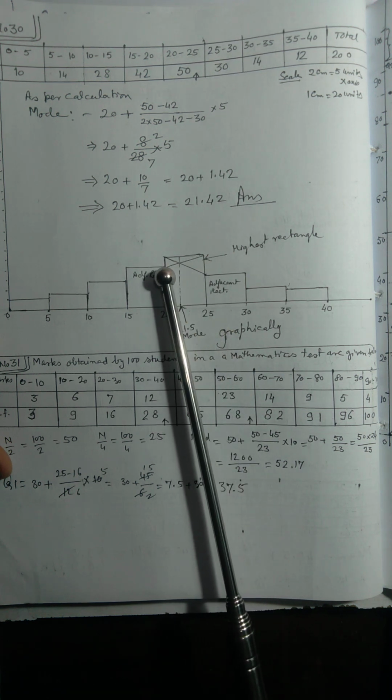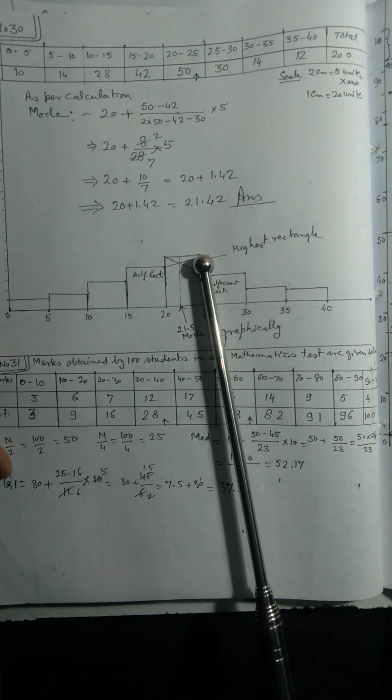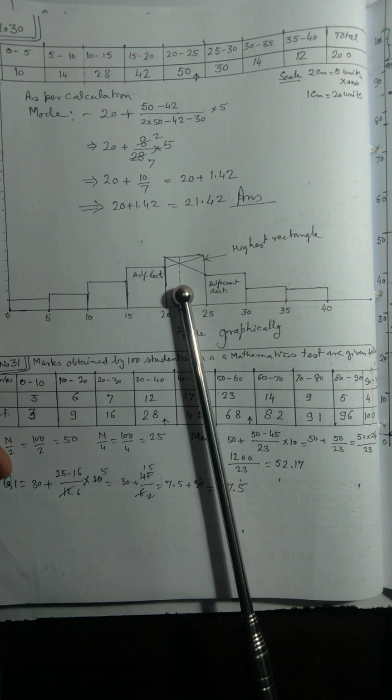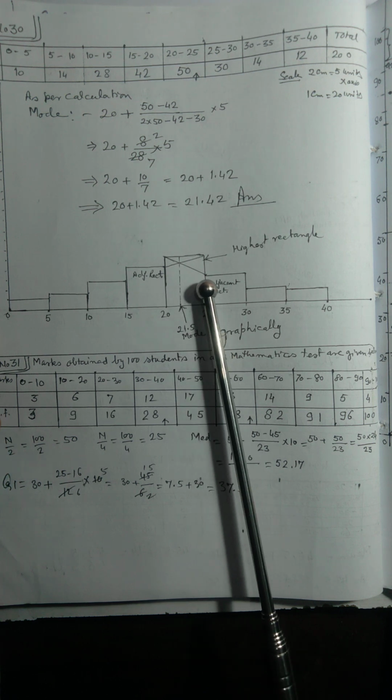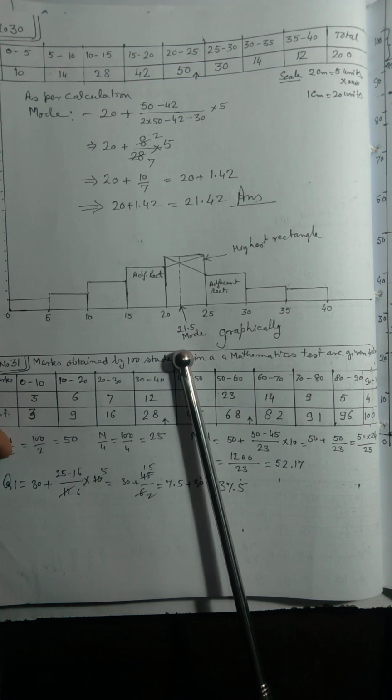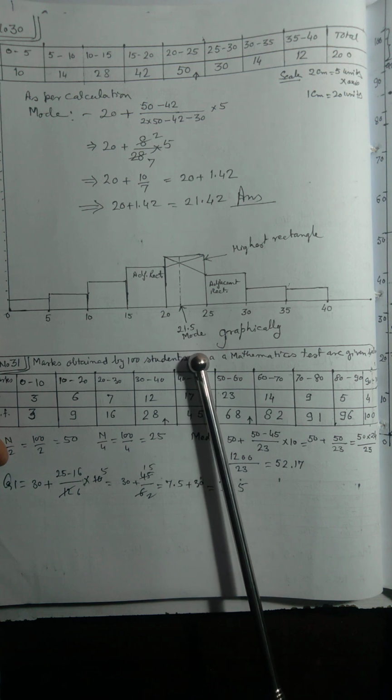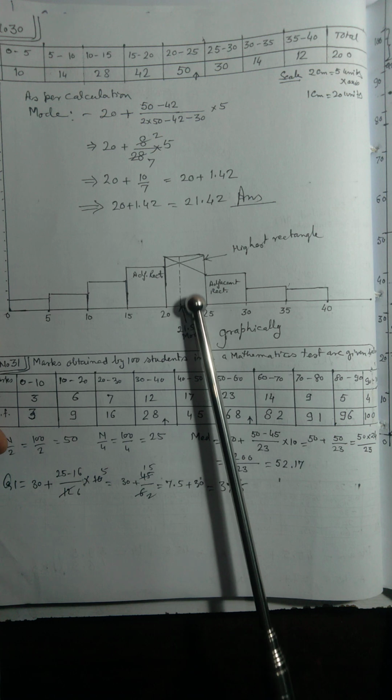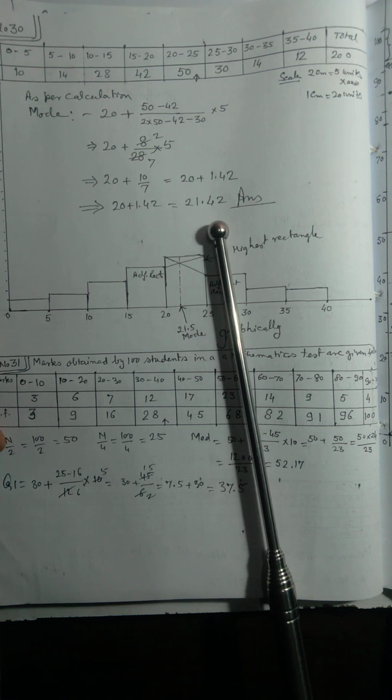Now join the corners of the adjoining rectangles. We find the intersecting point of these two diagonals, and that will be equal to 21.5. The mode we have worked out graphically is 21.5, whereas mathematically it is 21.42.